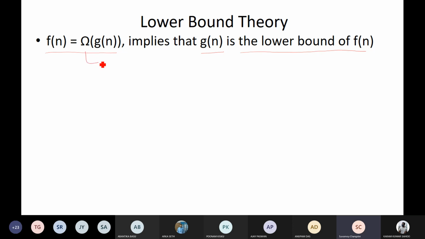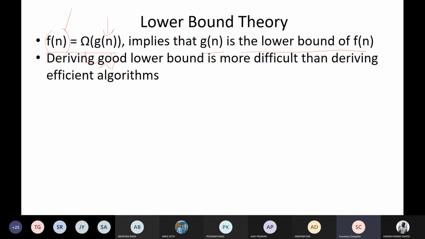So this represents the lower bound for the given function f(n), and g(n) is the bound, right? Now, that means we require a minimum amount, represented by a function of n, g(n), to execute an algorithm whose time complexity is given by the polynomial f(n).